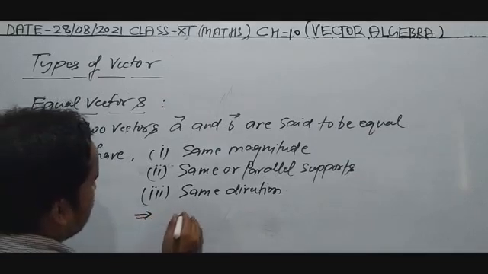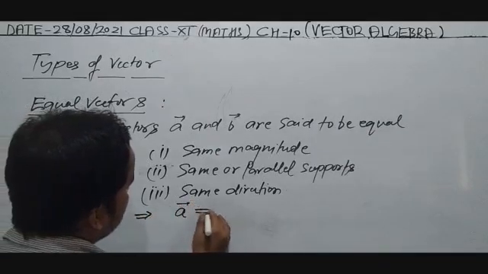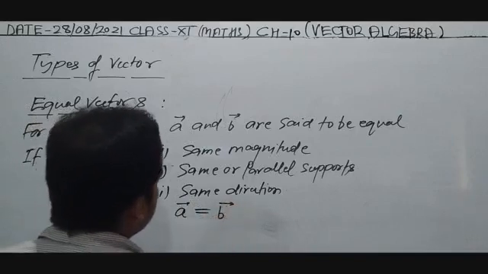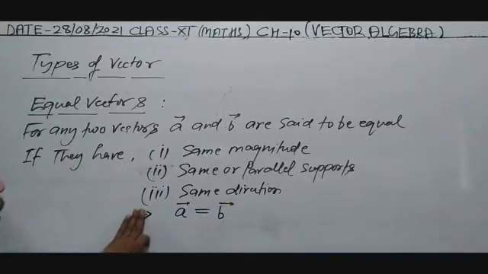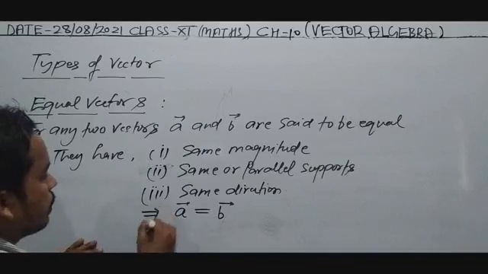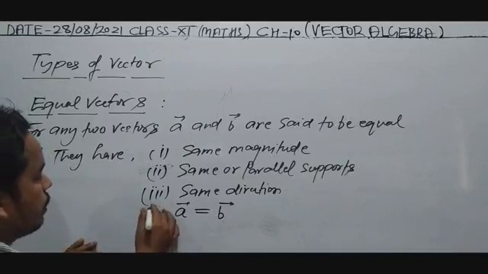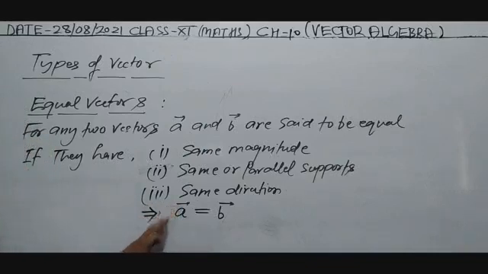This implies vector A is equal to vector B. Same parallel, same support, same magnitude, same direction. See the definition of equal vectors.